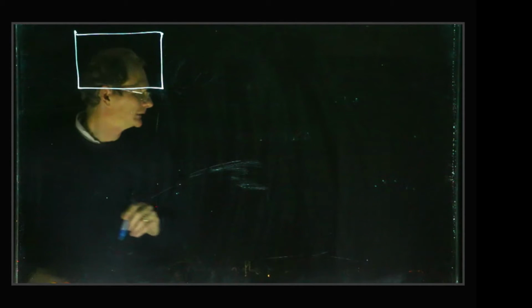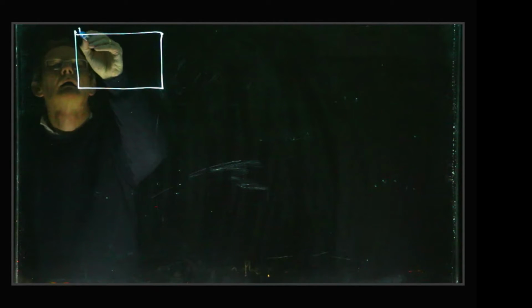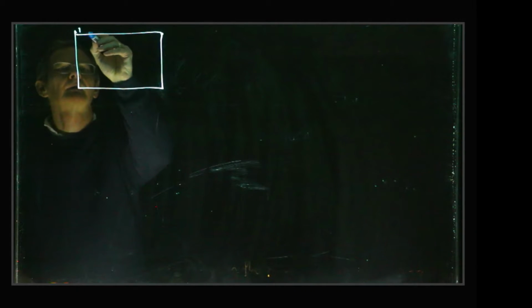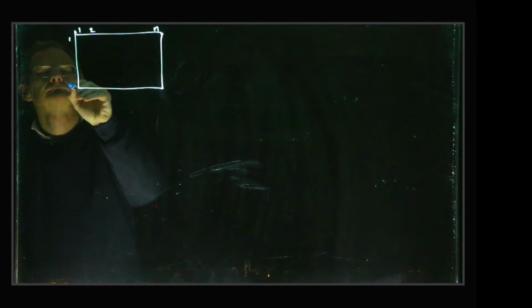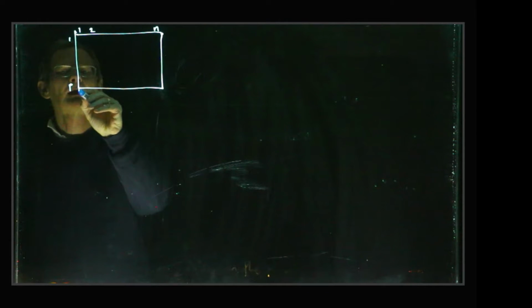Okay, so here's the Latin square, or Latin rectangle, that we're looking at. The columns are labelled 1 up to n, like so, and the rows are 1 up to p. Now we're supposed to be adding a new row.